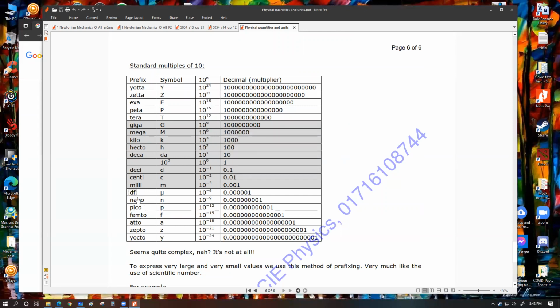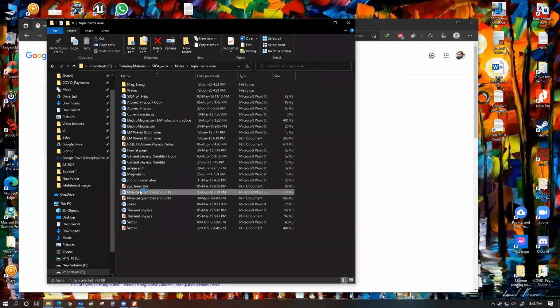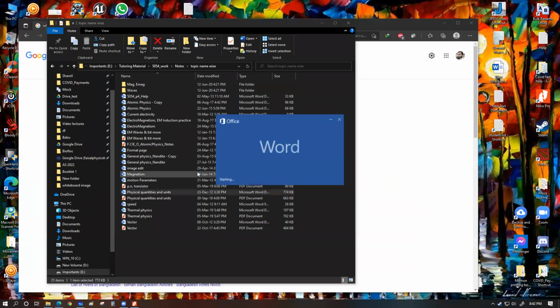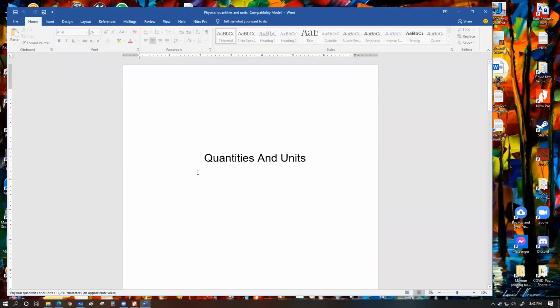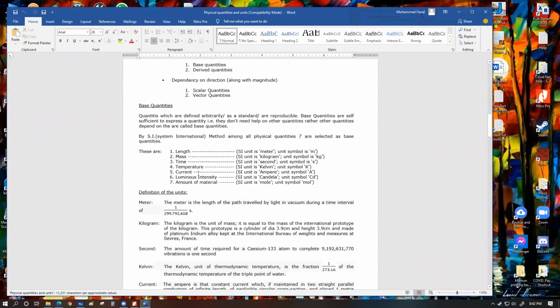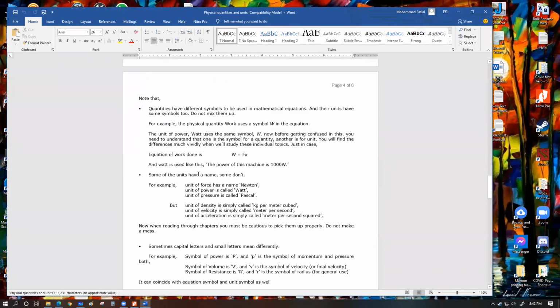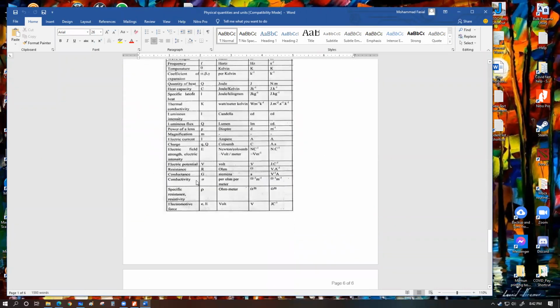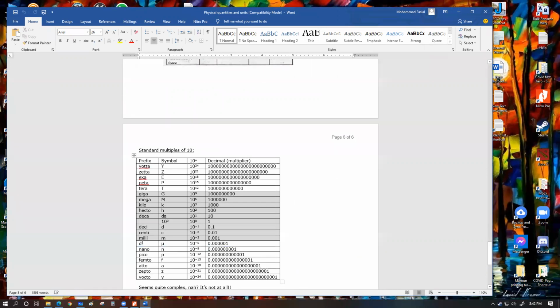Why does it read DF? It's supposed to read micro. What is wrong with this thing? I don't know what happened here.